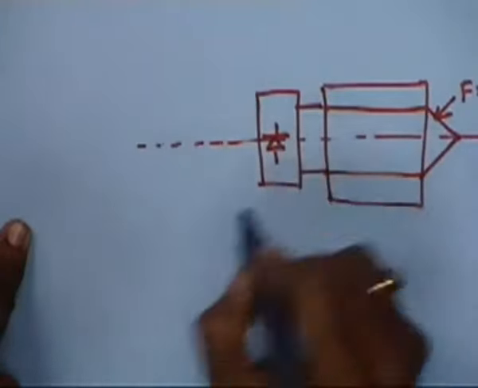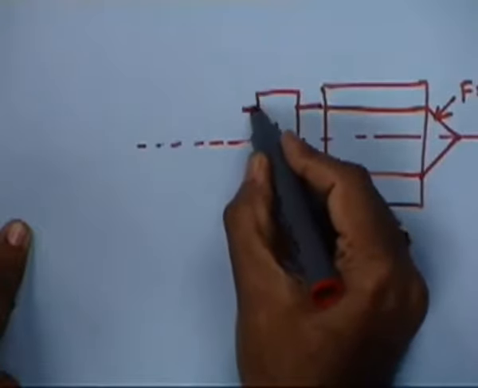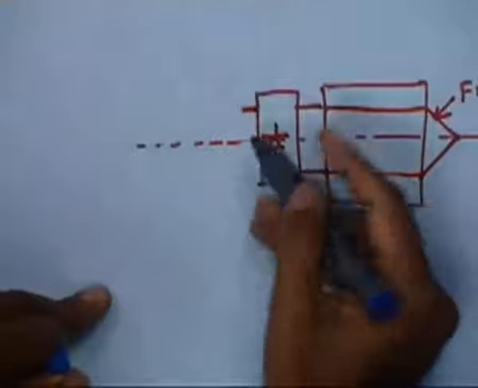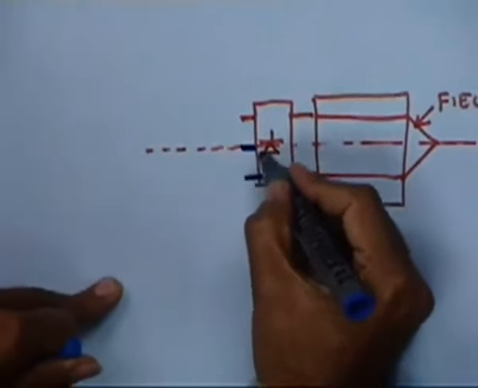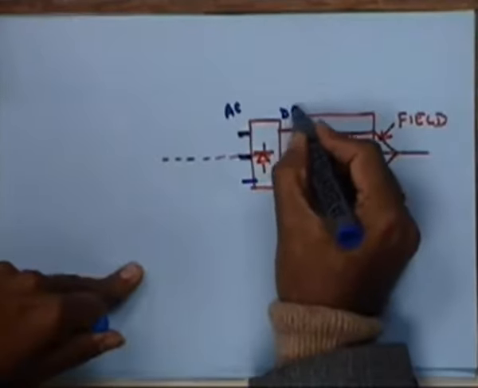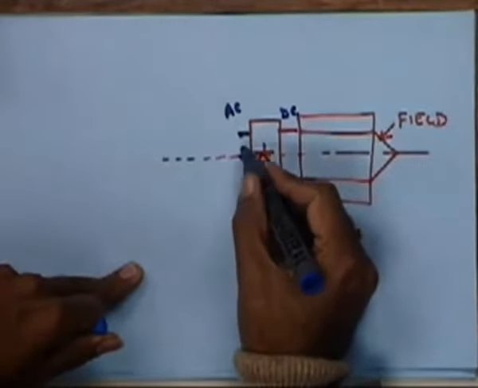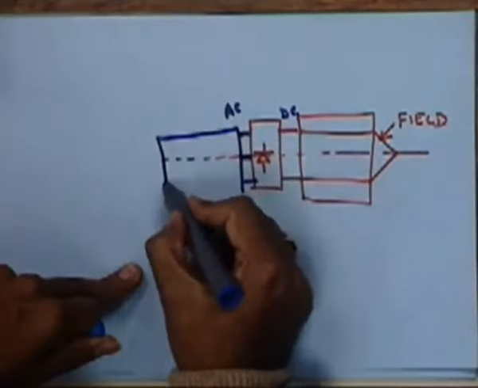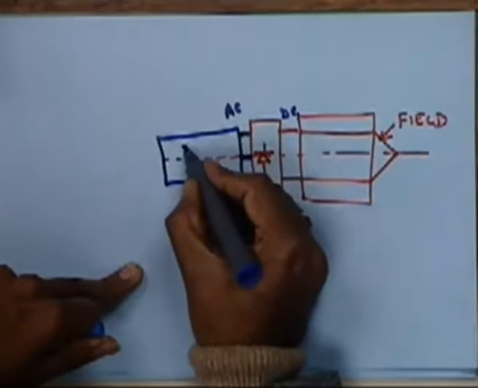Now the rotating diodes: on the AC side you have the 3 phases. This is AC, this is DC. Now how do you get 3-phase voltages? 3-phase voltages are induced again through 3-phase windings here.